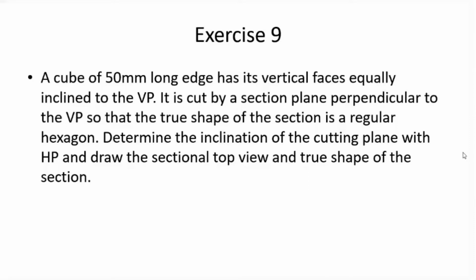That is the question. Now we know that in the case of a hexagon there are 6 edges possible. So if we have 6 edges, the section plane has to cut through 6 different faces of the cube, because only when a section plane intersects with a face on the object do we get an edge of the true shape.